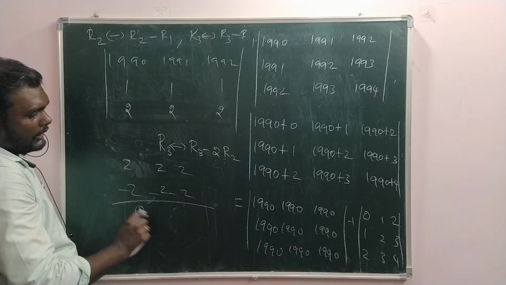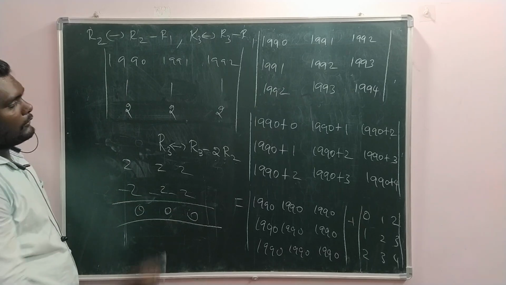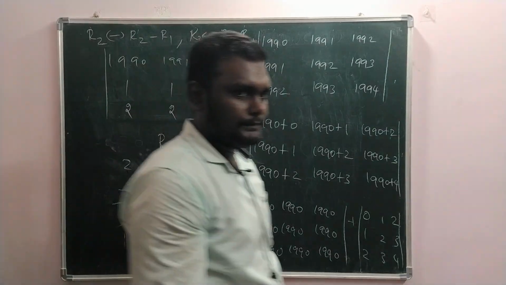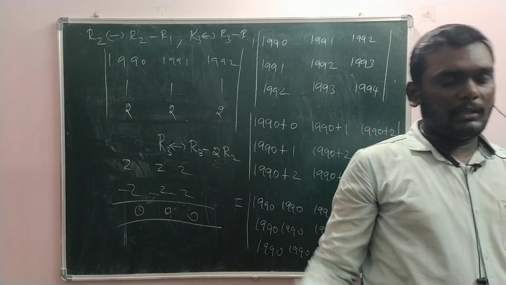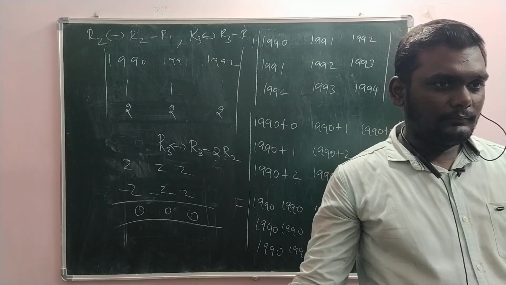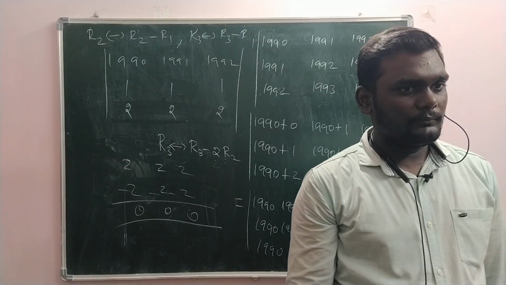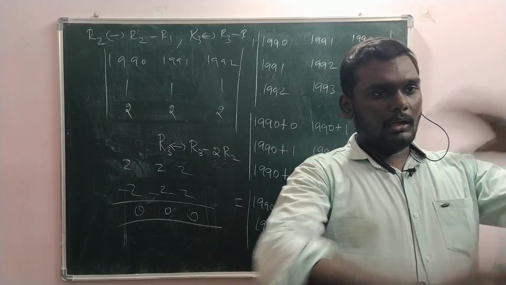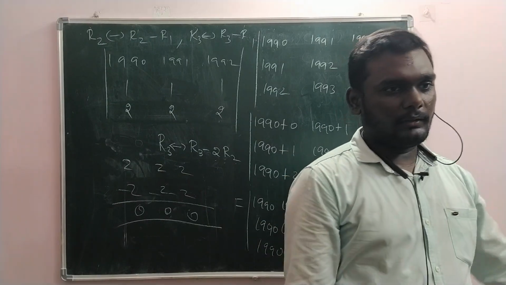When you subtract, what you will get? 0, 0, 0. So this entire row will become 0, 0, 0. So again what we will get? If any one row or column becomes 0, we get determinant 0. Okay. Either way around, we should be going around all the 10 properties, mixing and matching together.